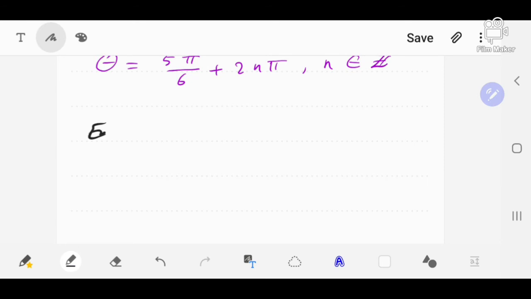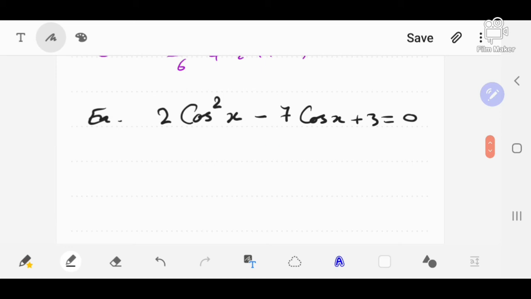Let's try another example. Another example will be, for example, 2 cosine squared x minus 7 cosine x plus 3 equals 0. How am I going to do this? Well, this looks like a quadratic equation.